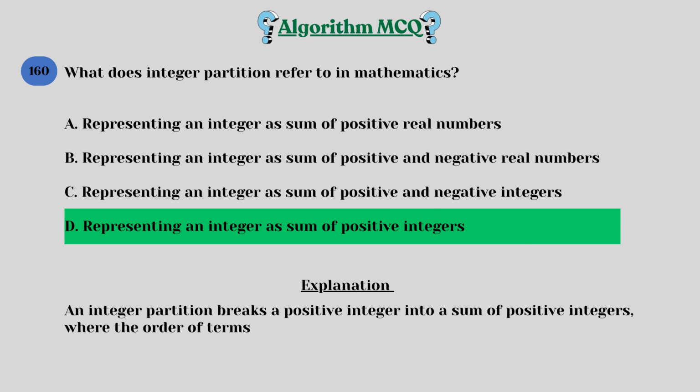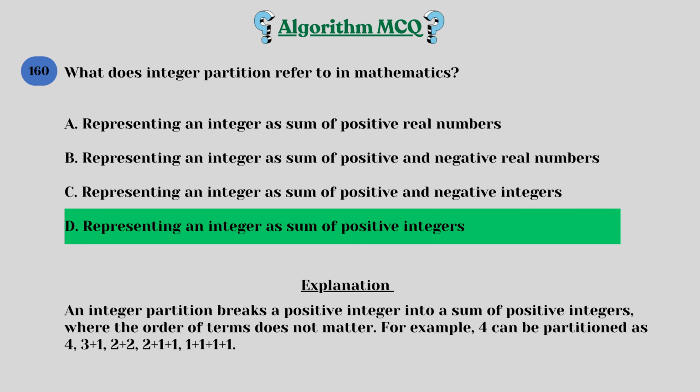Explanation: an integer partition breaks a positive integer into a sum of positive integers, where the order of terms does not matter. For example, 4 can be partitioned as 4, 3 plus 1, 2 plus 2, 2 plus 1 plus 1, 1 plus 1 plus 1 plus 1.